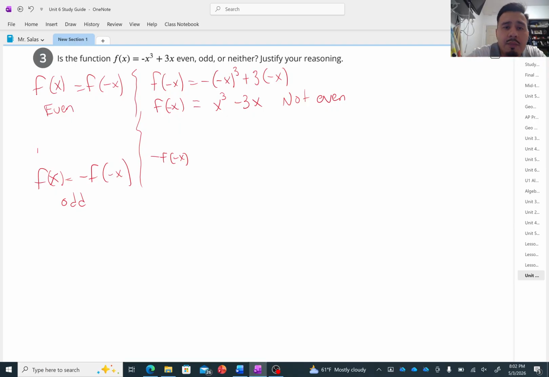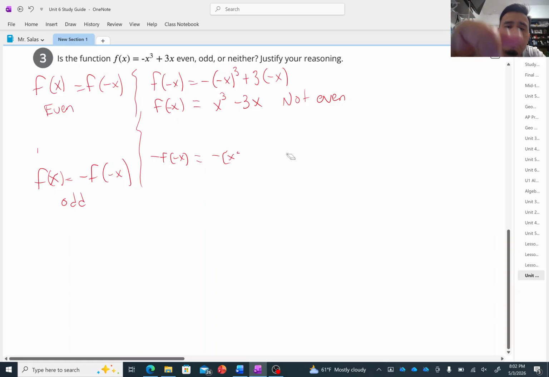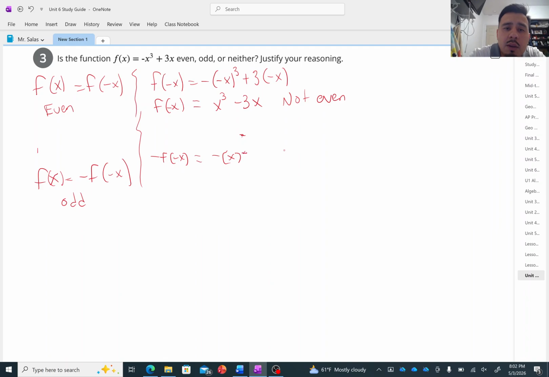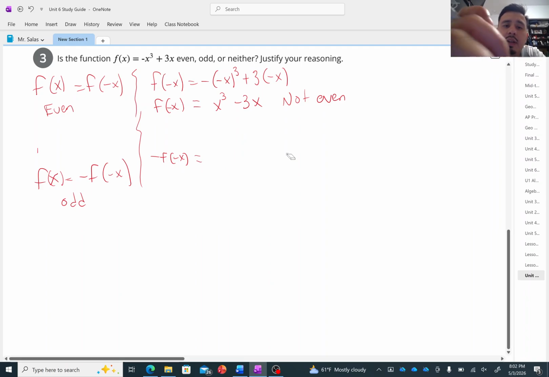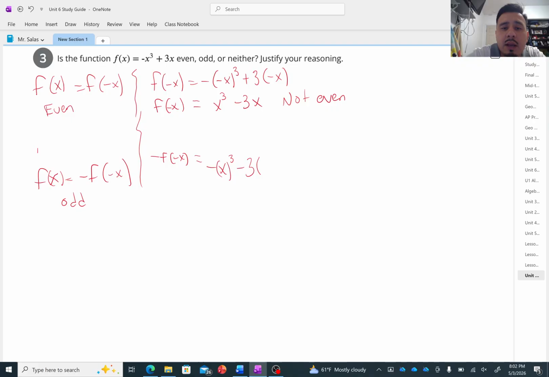And here I have equals negative, negative on the outside, x cubed, close the parentheses, the 3 goes on top. Oh my goodness, this isn't working out. Negative negative x cubed minus 3 times negative x.